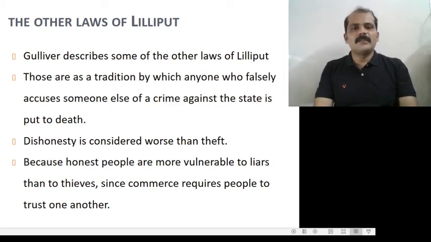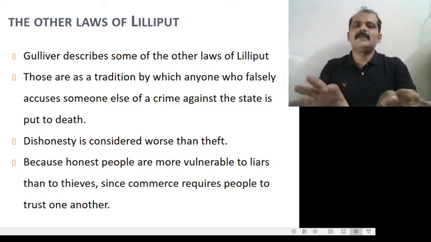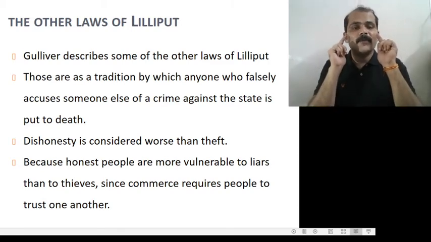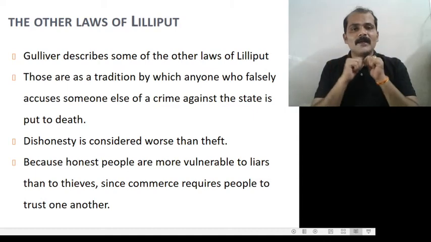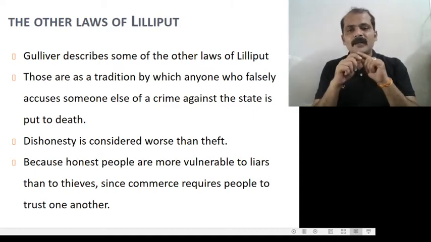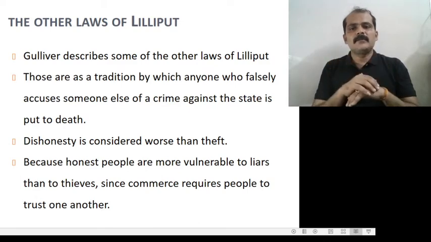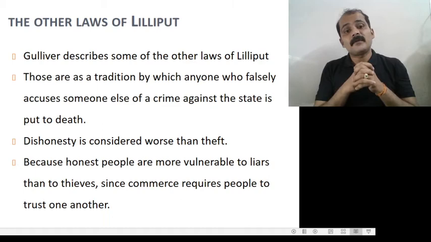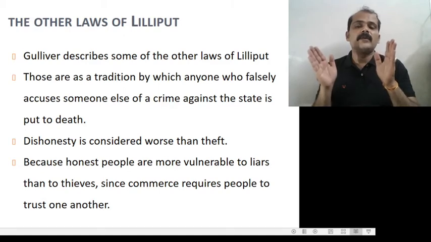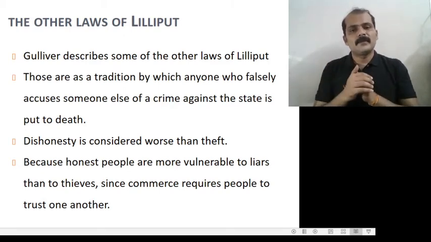And dishonesty is considered worse than theft. That is very important. Look at that: dishonesty is considered worse than theft, because honest people are more vulnerable to liars than to thieves.